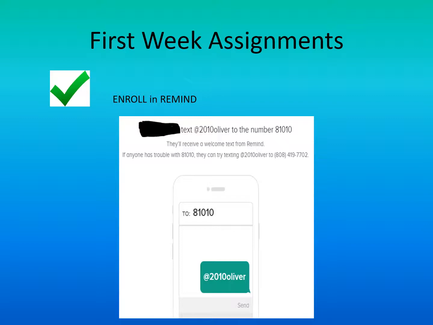If you were able to successfully make contact with Remind, you will receive a welcome text welcoming you to this section for the Remind app for this class. There are also instructions printed on your syllabus in case you were unable to follow along with the narrated portion of this orientation. So that's step one.